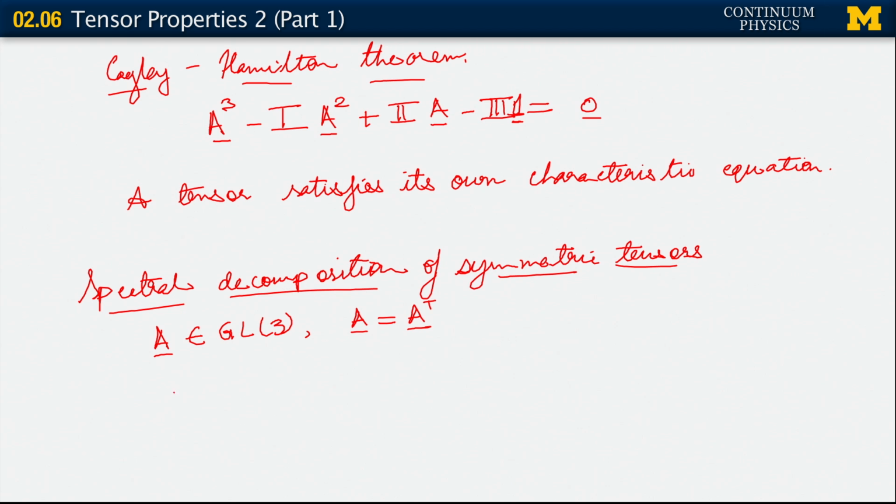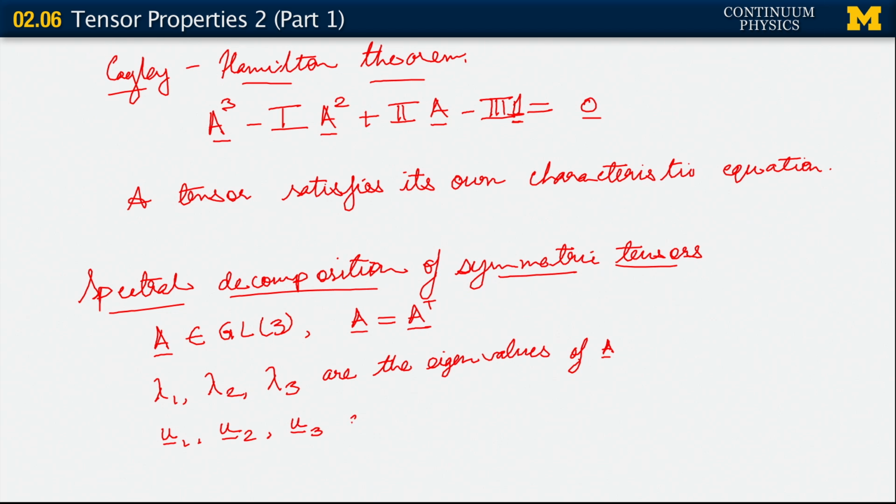Okay, so let's suppose then that lambda 1, lambda 2, lambda 3 are the eigenvalues of A. Okay, and let me suppose furthermore that U1, U2, U3 are the corresponding eigenvectors.